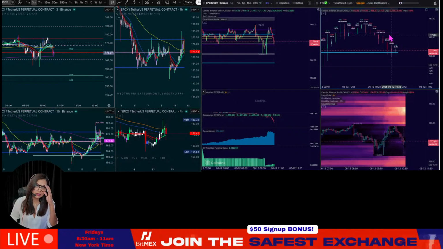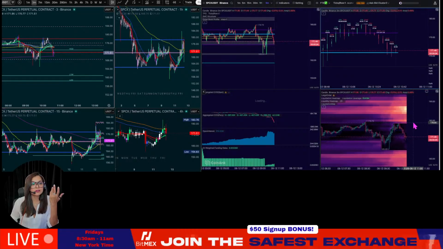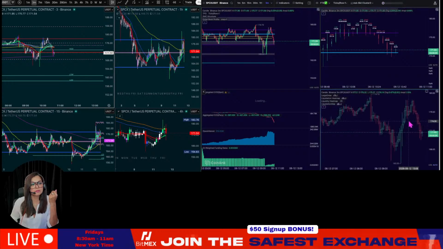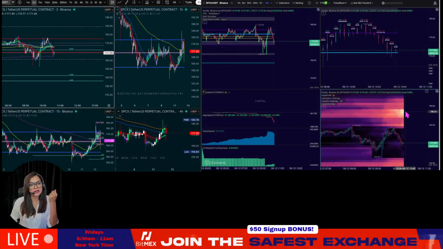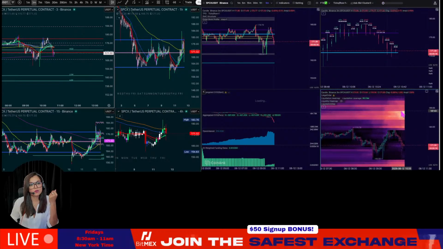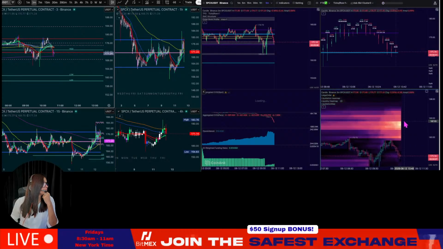And on the liquidation heat map, as you can see here, those guys definitely defended their area, which is 187, this area right up here. 183 to 187. It is what it is.